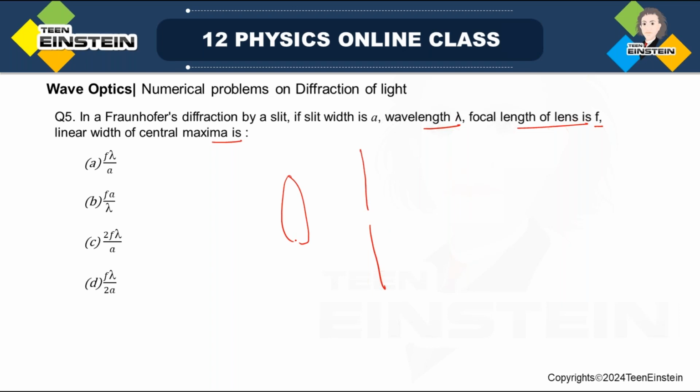This is L1, just before the slit, and the source, a monochromatic point source, is kept at the focal length of L1 so that we get parallel rays after refraction.